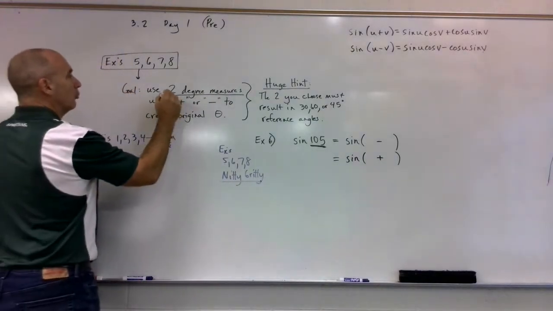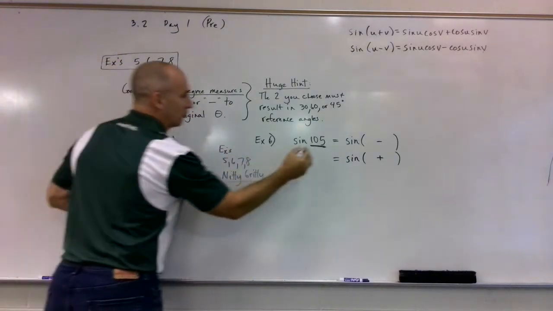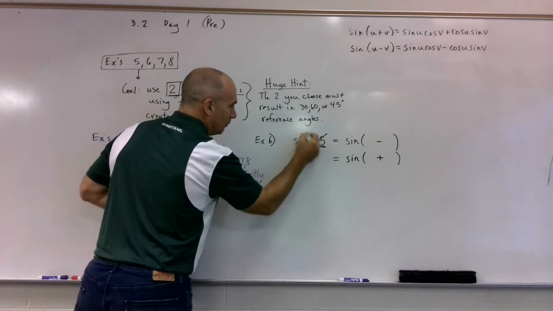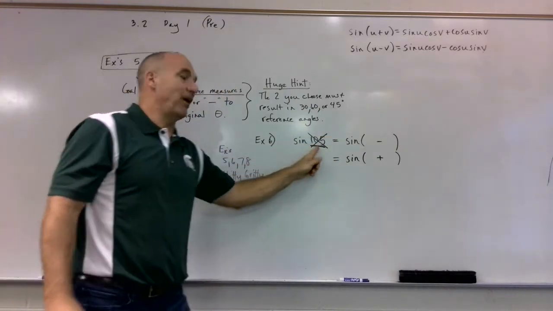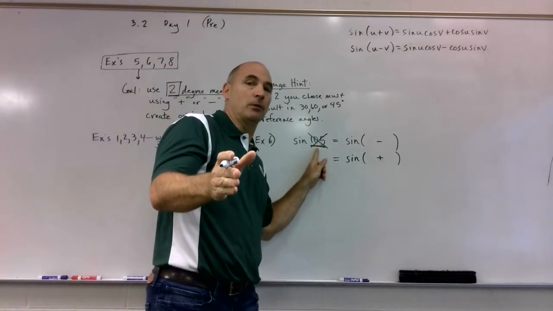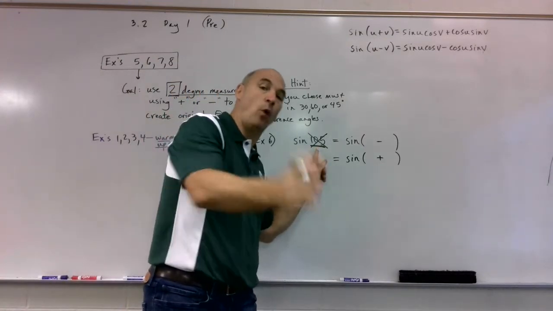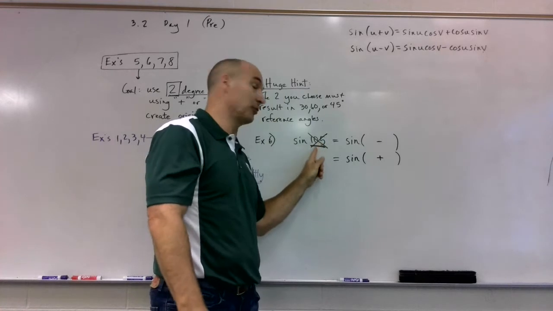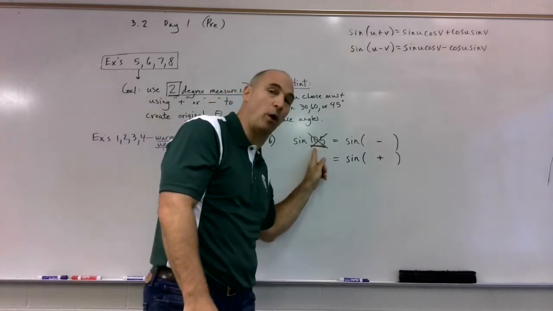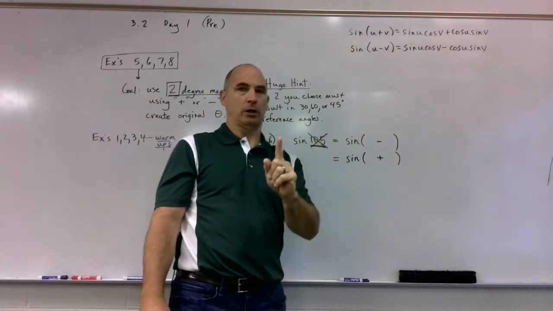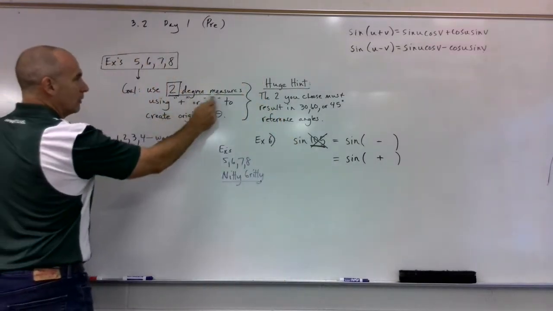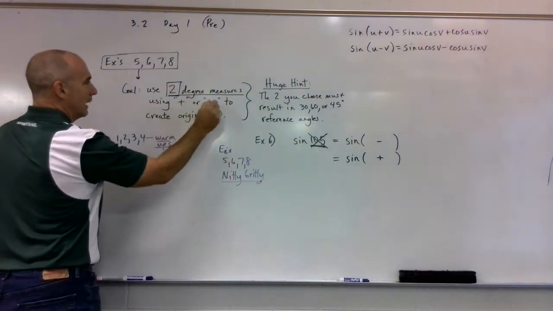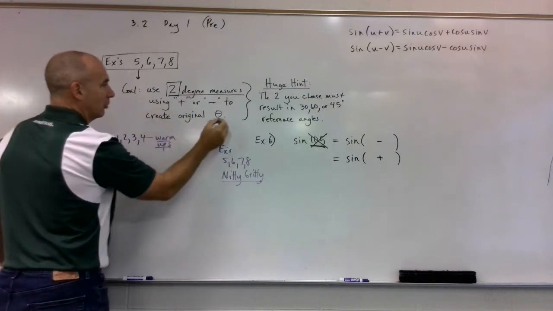You're going to use 2 degree measures to replace this 1. So I'm going to put an X through that. Something that equals 105, like 104 plus 1, or 106 minus 1. Now those wouldn't work because, look at this rule. You got to use 2 degree measures using plus or minus to create the original theta.